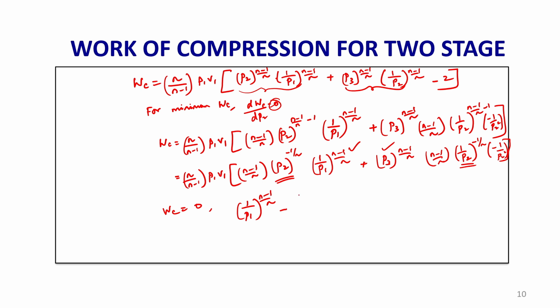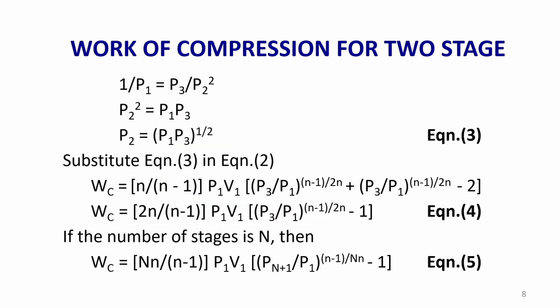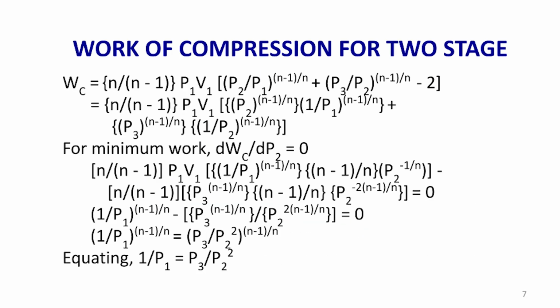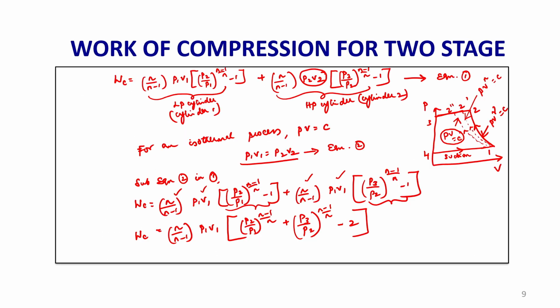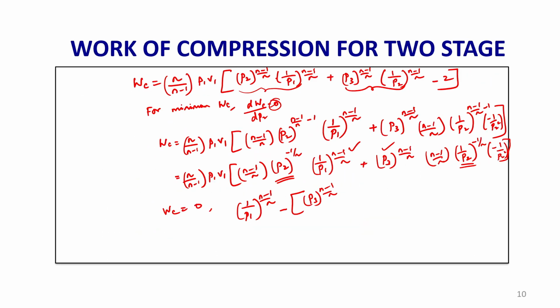Minus of P3 power n minus 1 by n divided by P2 square. If you simplify this one, there are two terms. Okay. So, P2 square into n minus 1 by n we will get.